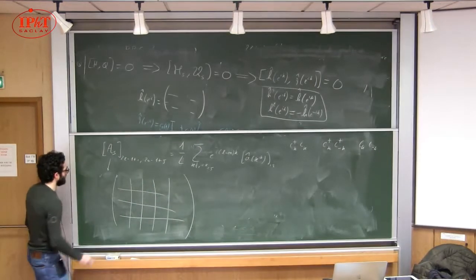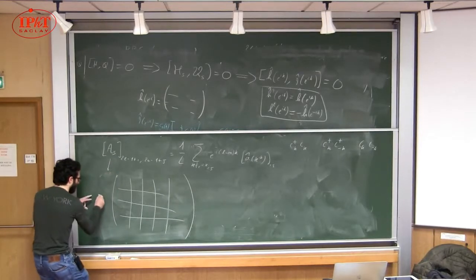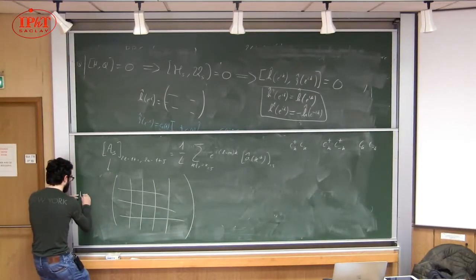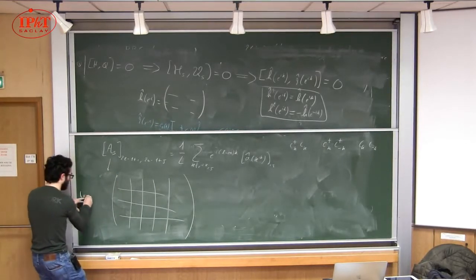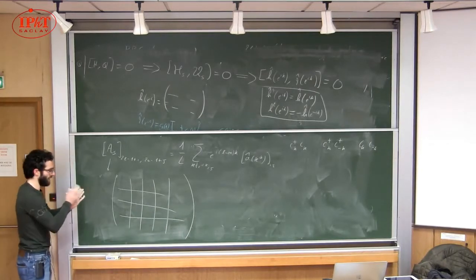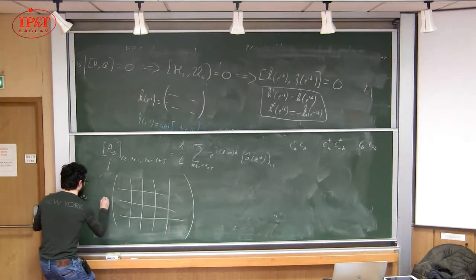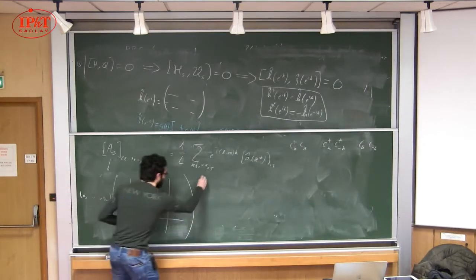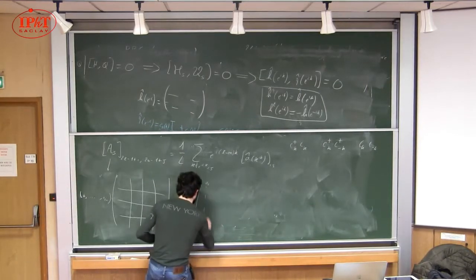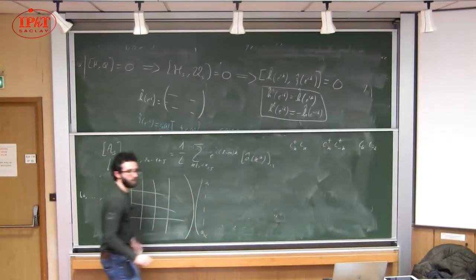And then you imagine that here you should have a vector made of all the Majorana fermions on one side, a1, a2L, and then you have a1, a2L.